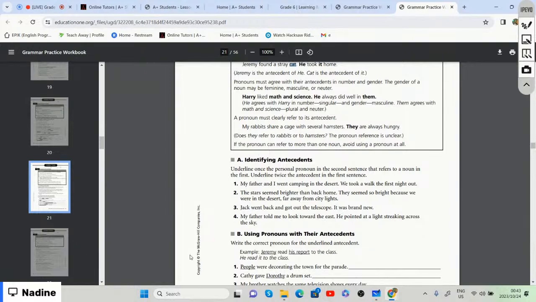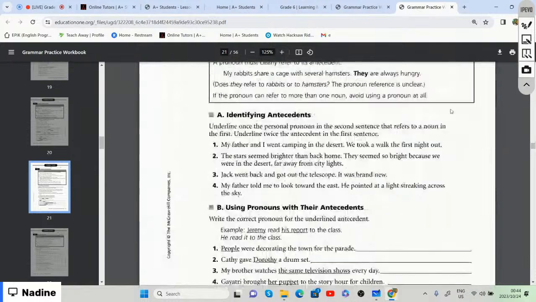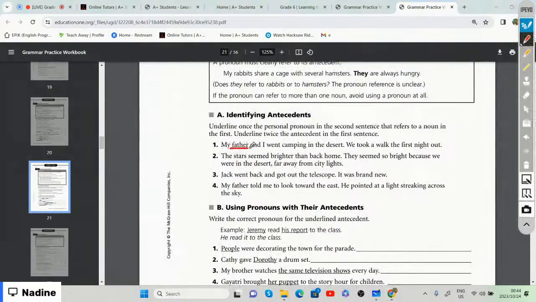We took a walk the first night out. If we select the antecedent, it is my father and I. And the pronoun is we, which refers to my father and I.